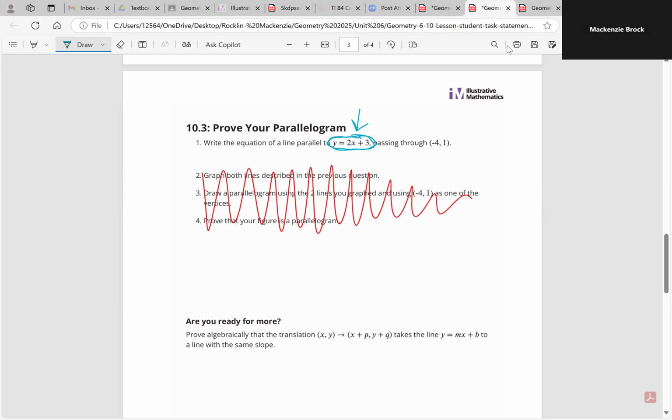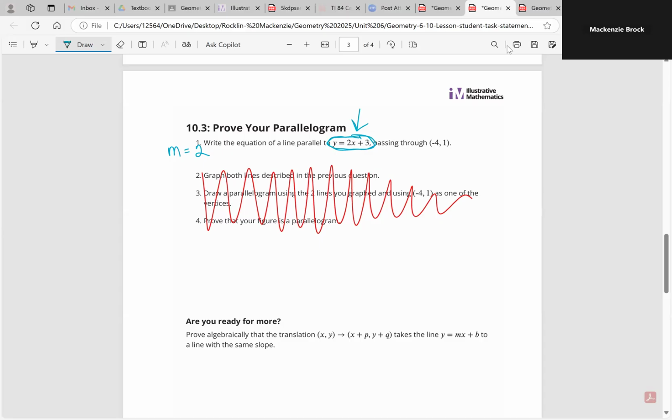So let's start with the equation they gave me. If my new line is parallel to this one, then I know they have the same slope. Since the slope of this line is 2, the new line is also going to have a slope of 2. Then it says it passes through the point -4, 1.